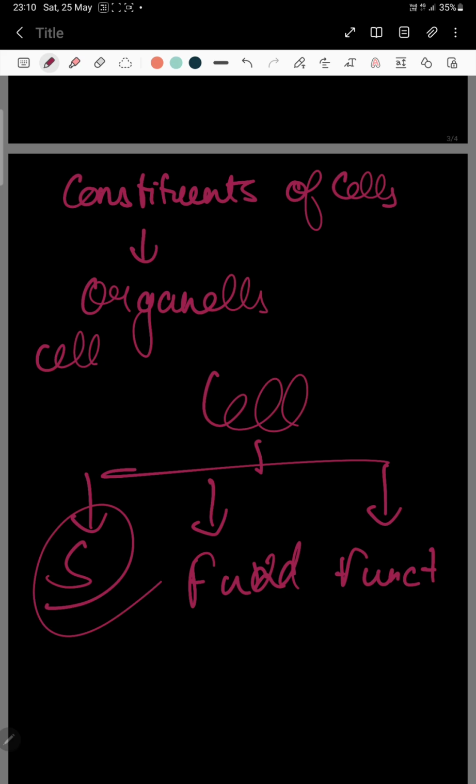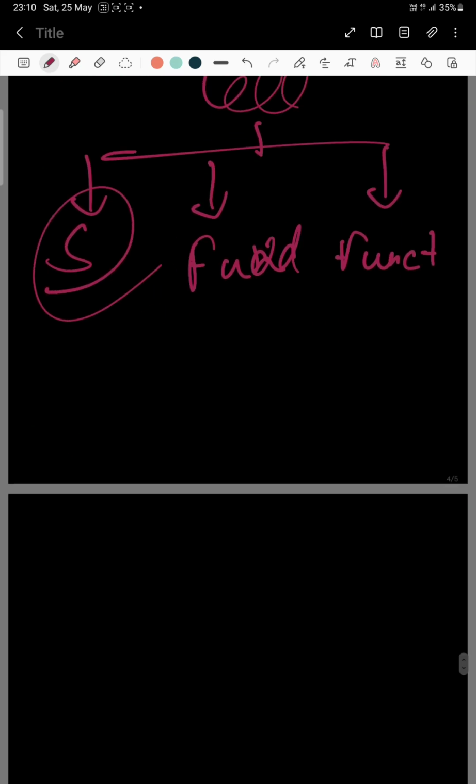By structural, we mean that the cell is the building block of the organism. By fundamental, we mean that from a single cell all cells arise, and by functional, we mean that all activities take place inside the cell.